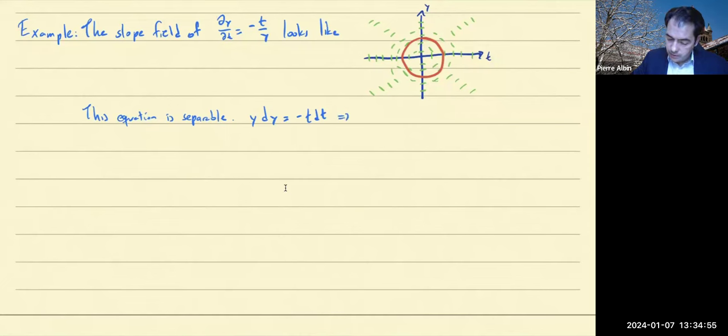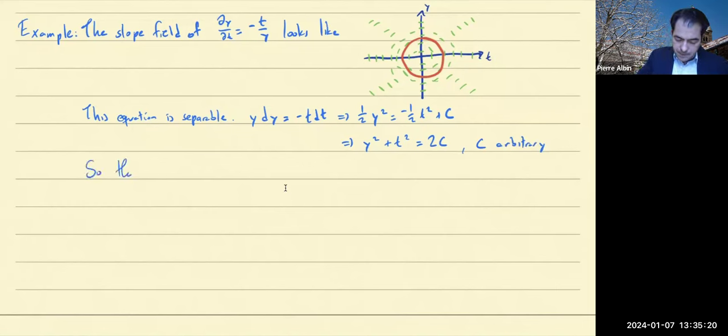We'd get 1/2 of y squared is equal to minus 1/2 of t squared plus a constant. And so we see that our family of solution curves is y squared plus t squared is equal to 2c, with c arbitrary. And indeed, we see that the solution curves are circles.